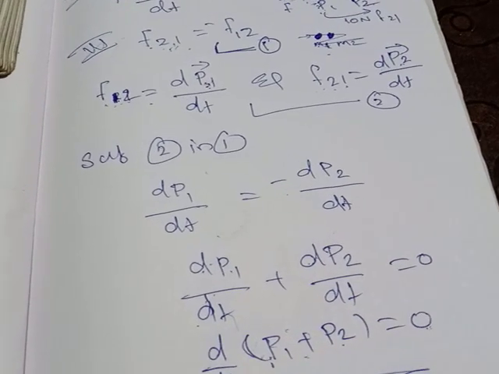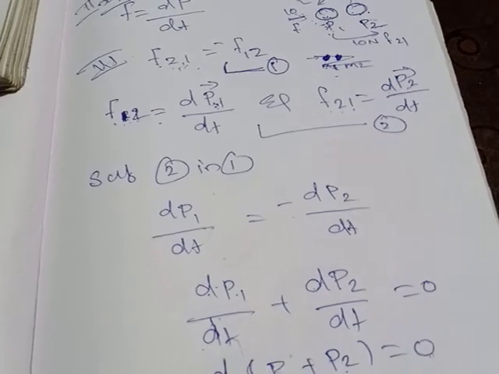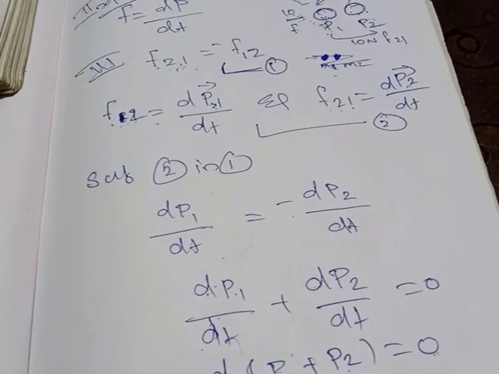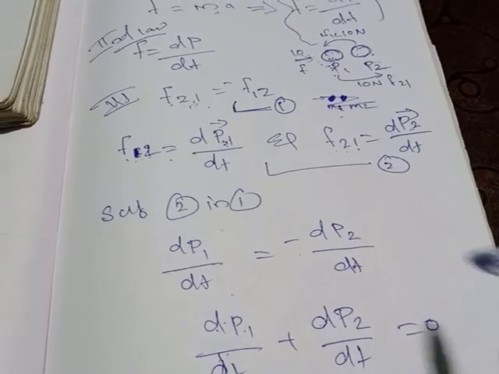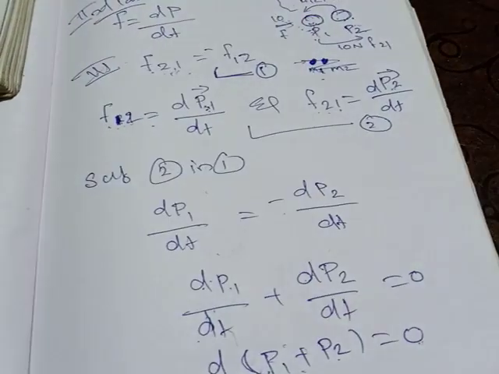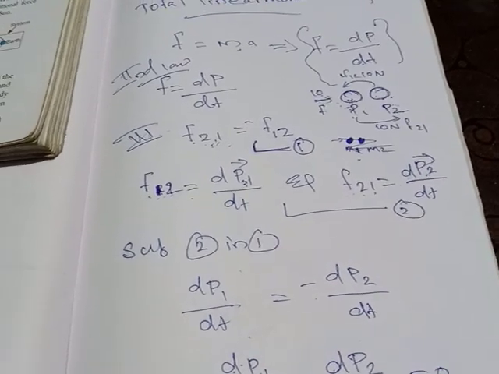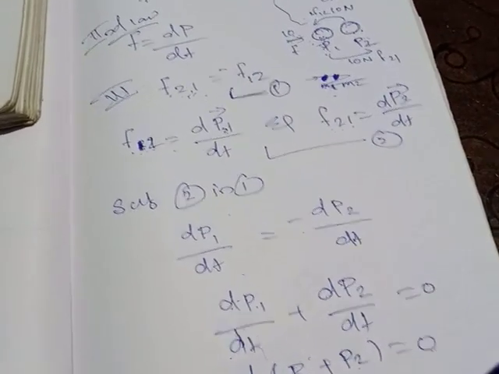Conserving means p1 and p2 may change at any time, but their sum stays the same. You can go through that definition again. Assume that one particle is there.